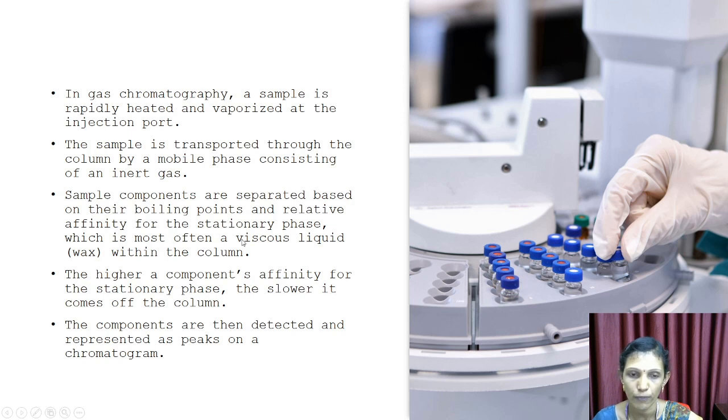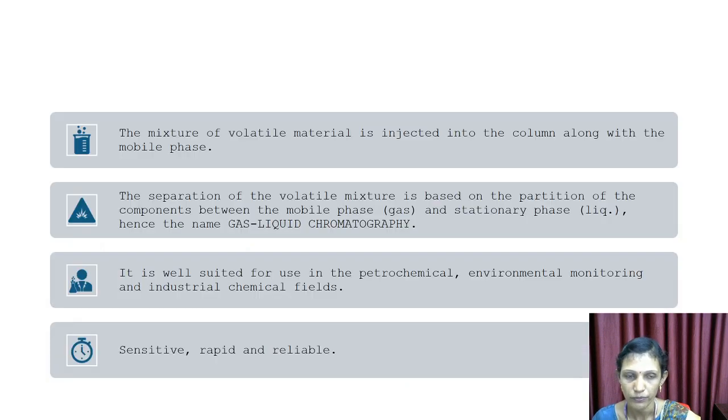Most often a liquid is within the column. The higher the component's affinity for the stationary phase, the later it comes out of the column. The components are then detected and represented as peaks in the chromatogram.